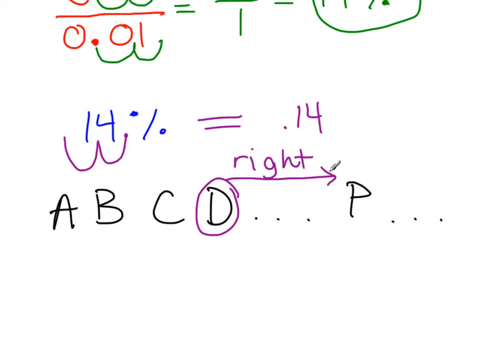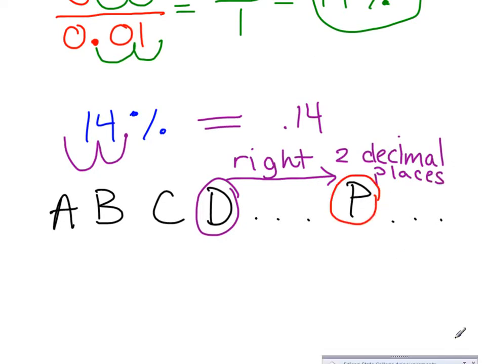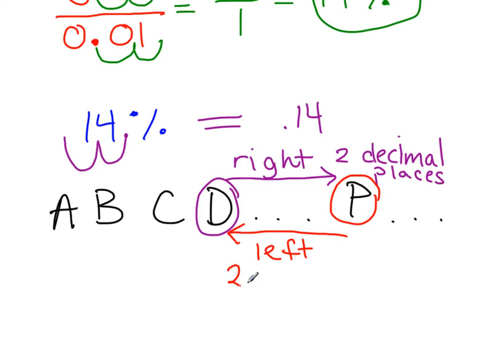We moved the decimal point to the right. And we always move 2 decimal places. And sorry about my I. It's an I. Decimal places. If we want to take a percent and change it into a decimal, we move to the left. And once again, we still move 2 decimal places to the left.